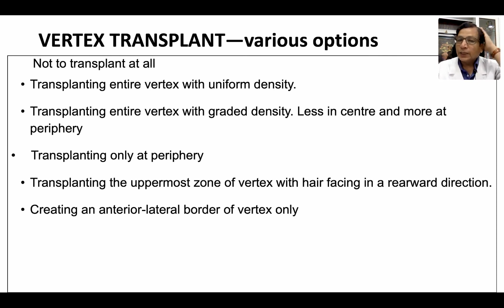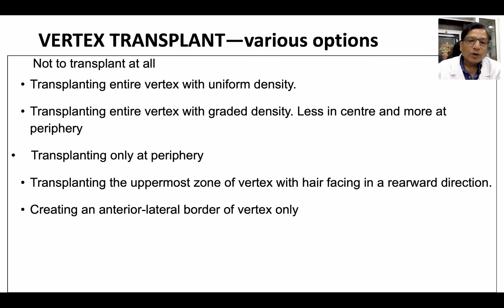This is important. I prefer this if I am not doing the vertex, but when I am doing the mid-scalp, I always try to cover the lateral area, anterolateral area, or the parietal eminence, because when the part line becomes widened, this area becomes prominent.